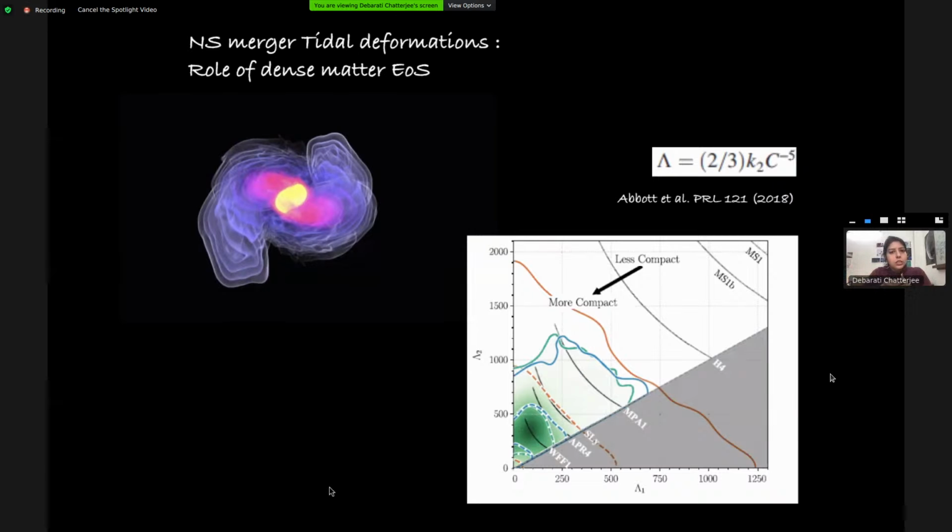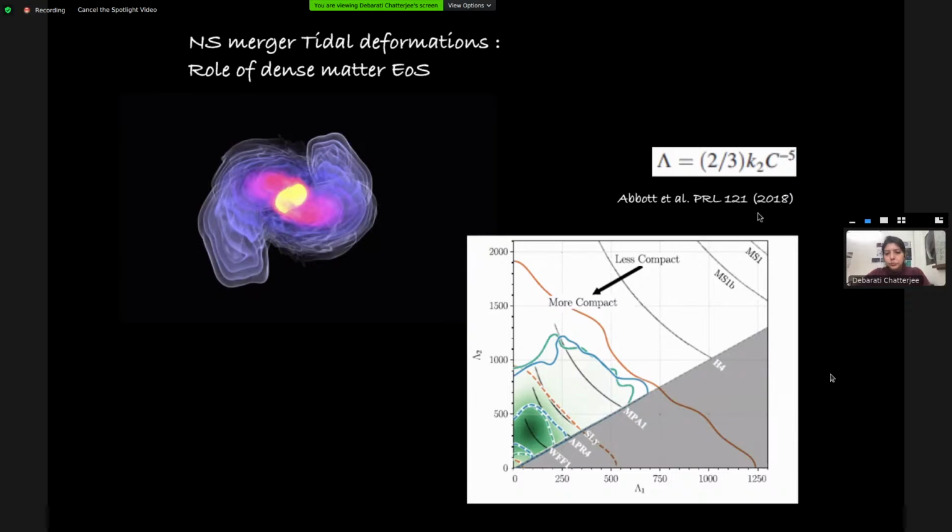These tidal deformations are interesting from the point of view of theoretical physics, because they depend on the equation of state of the interior. The tidal deformation, denoted by lambda in the equation on the right, was shown to be related to the compactness of the neutron star, or inversely to the radius.